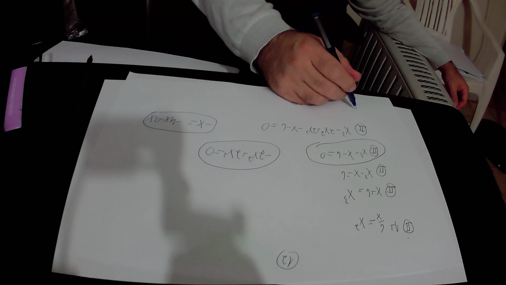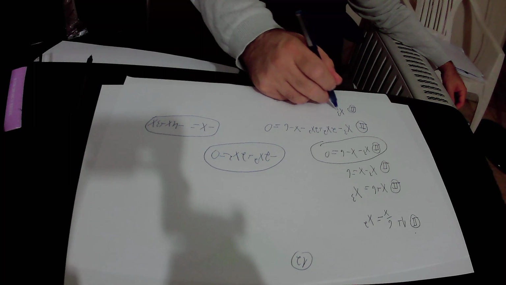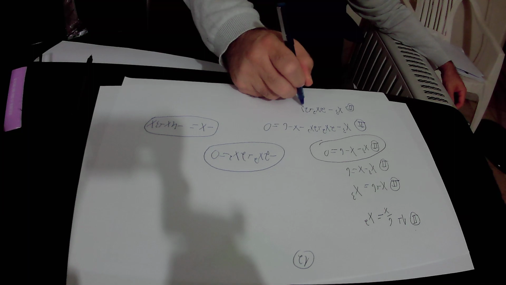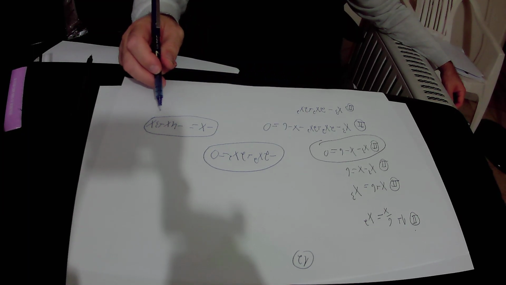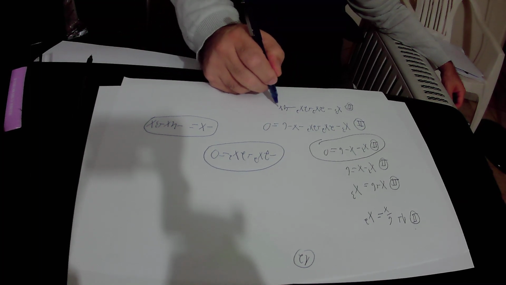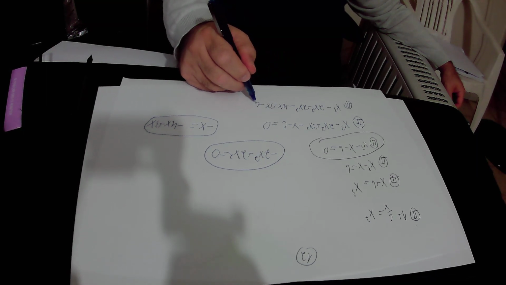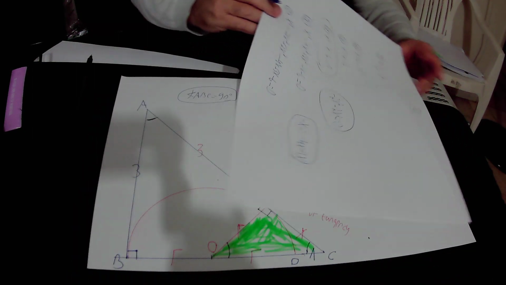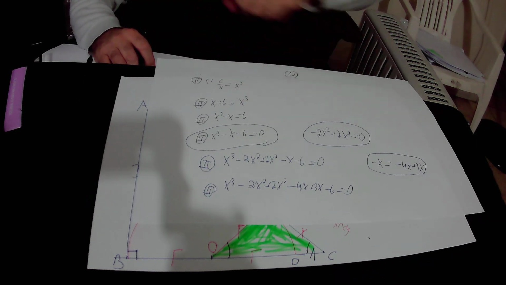Okay, so we will get that x cubed minus 2x squared plus 2x squared, and instead of minus x we will write down minus 4x plus 3x minus 6 equals 0. Okay, so we got this equation number 2, this expression.